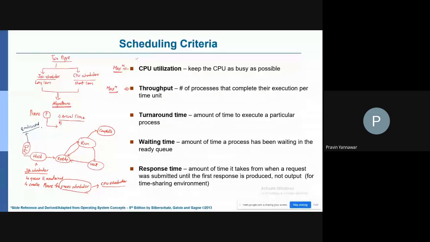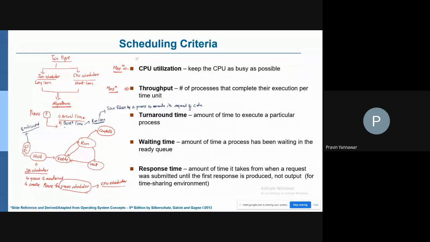This is considered burst time, or in short, you can take it as runtime. The runtime is the time taken by a process to execute its segment of code.